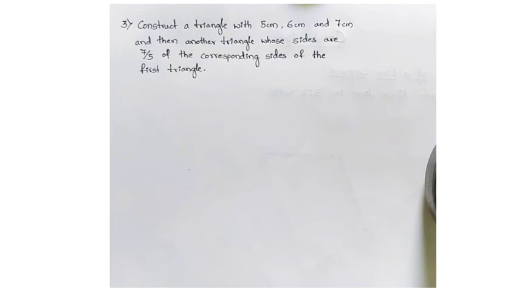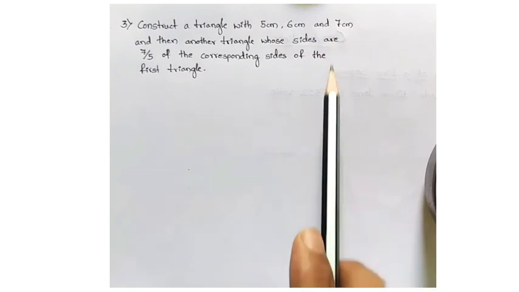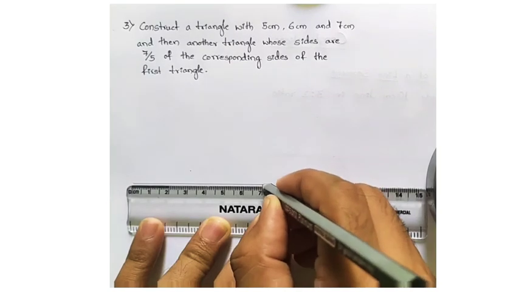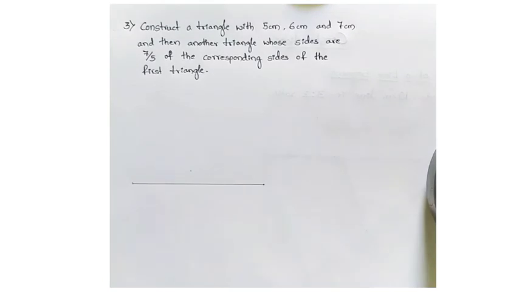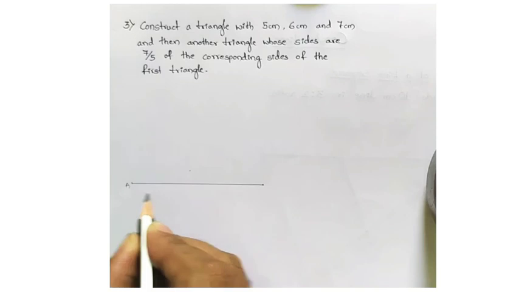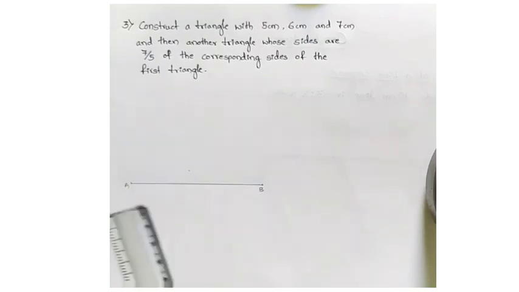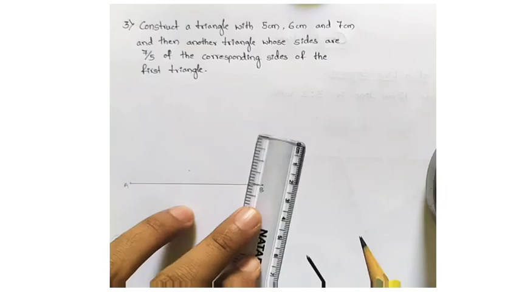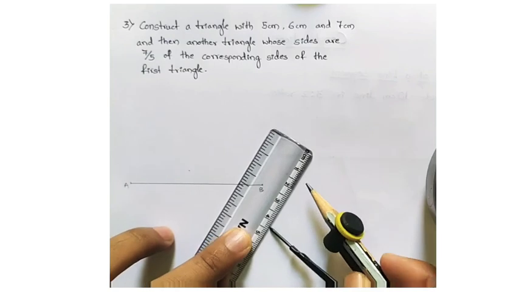Okay, let's see by first drawing the triangle with the sides. Let's take 7 cm as our base. Mark them as A and B. Okay, now taking the compass, measure one side 5 cm and another side 6 cm.